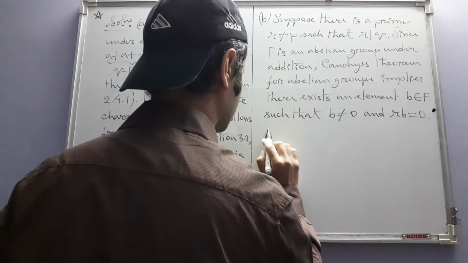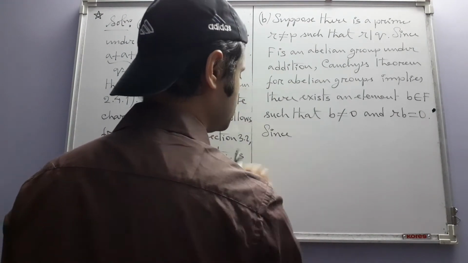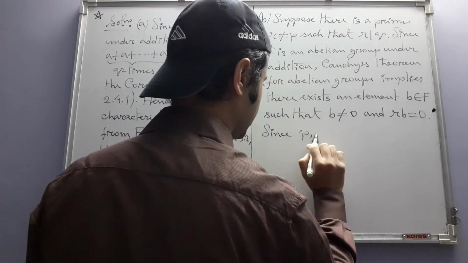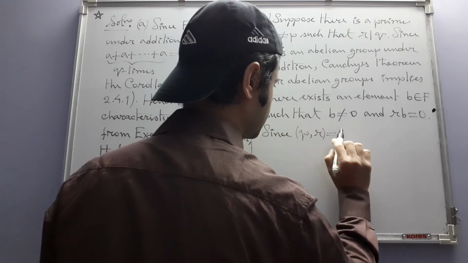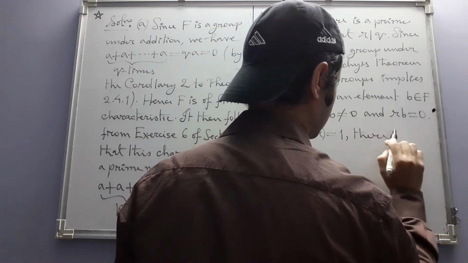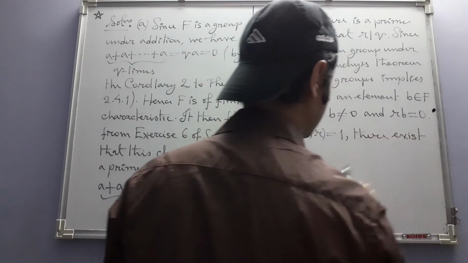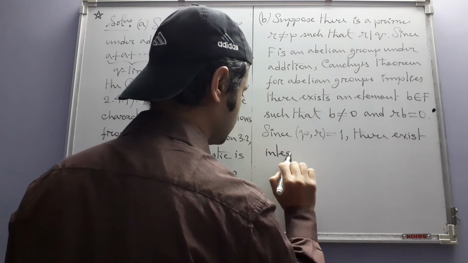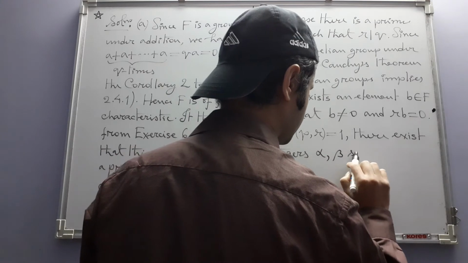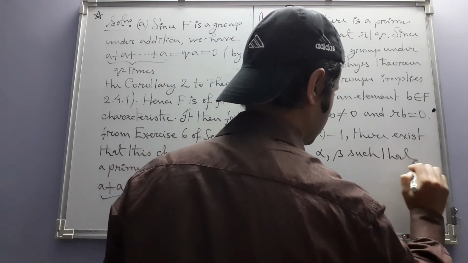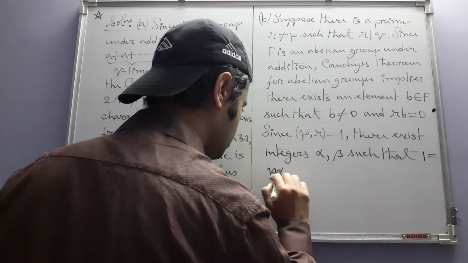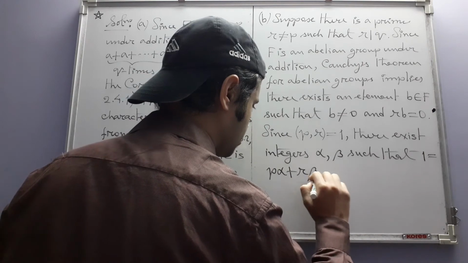Okay. Since P and R are relatively prime, since their GCD is 1, there exist integers alpha and beta such that 1 is equal to P alpha plus R beta.